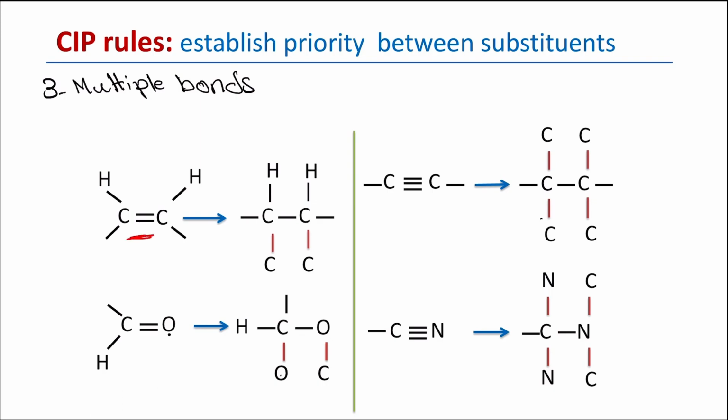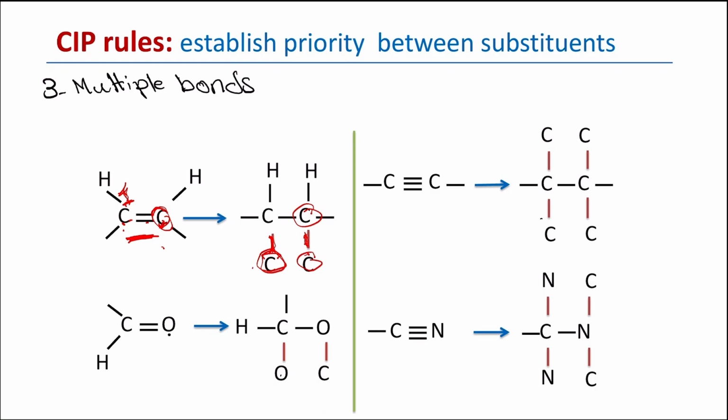So if you have a double bond here, then this first carbon here, we will consider as if it's connected to another carbon here. So this extra carbon we drew is actually this carbon it's attached to by a double bond. Also, this second carbon here will have an extra carbon, which is carbon number one here. So we simply split it, as if each one is attached to an extra carbon.